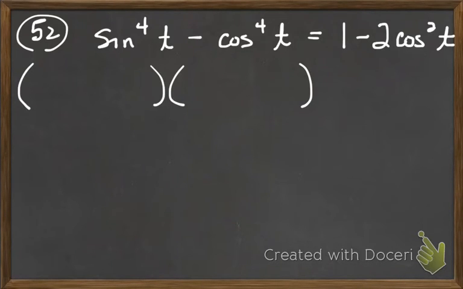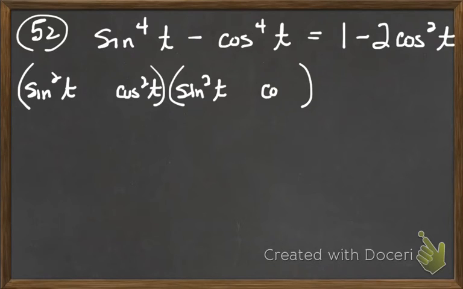Since you have a sine to the 4th, you're going to have a sine squared times a sine squared. And since you have a cosine to the 4th, you're going to have a cosine squared times a cosine squared. One is a plus and the other one is a minus.